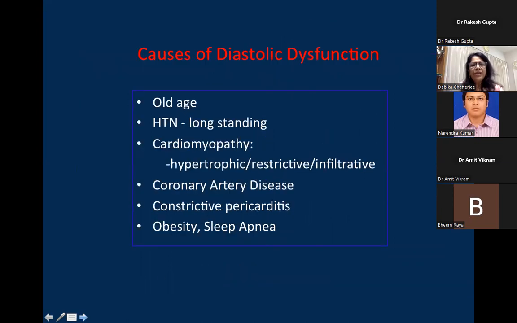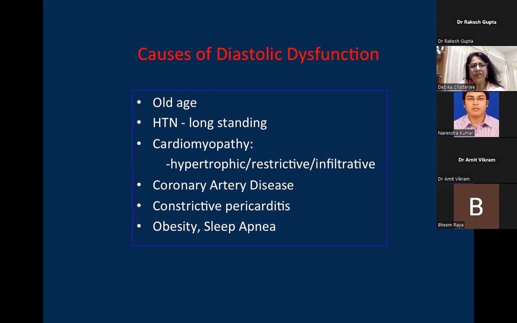Now, if we look at the causes of diastolic dysfunction, you see old age is at the top of the list. Because as we know, aging results in some changes in the heart and the vascular system. What happens? The relaxation becomes impaired, normal impairment.